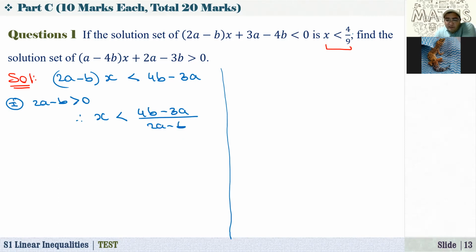Now since the solution set is x less than 4 over 9, this thing should be equal to 4 over 9. From here, we can get more information about a and b.